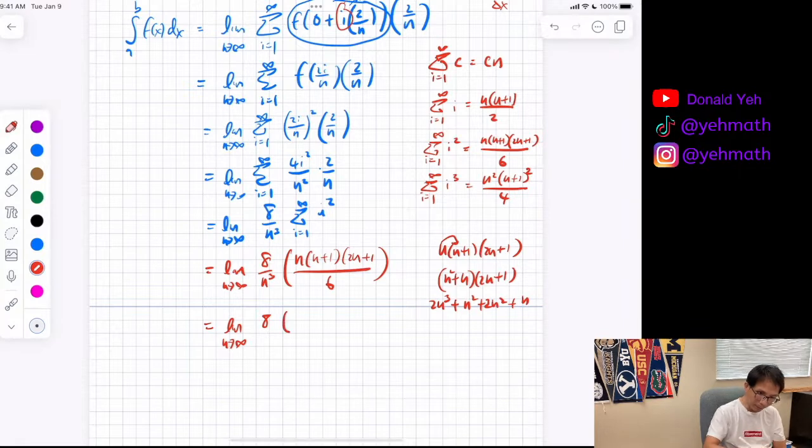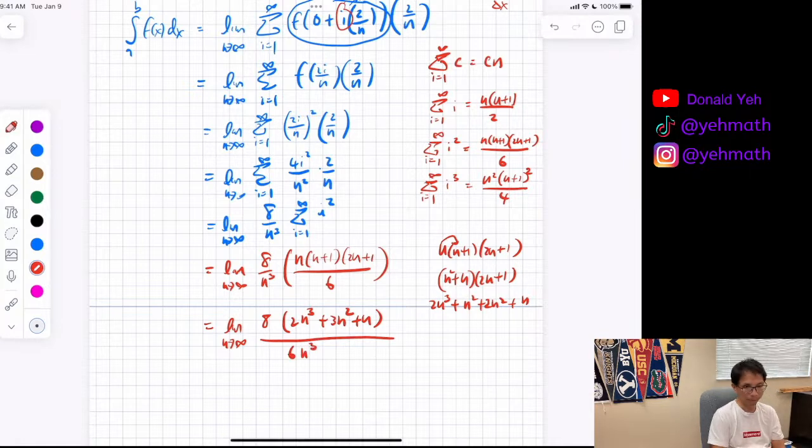So it'll be 2n cubed plus 3n squared plus n over 6 times n cubed.